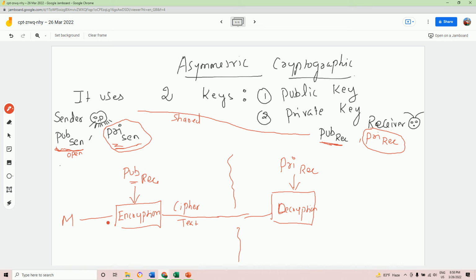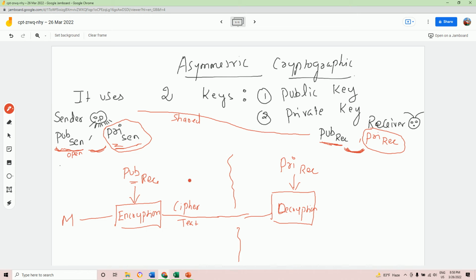So please understand, the message is encrypted using the public key of the receiver. So when it goes to the receiver side, it should be decrypted using the private key of the receiver. Please understand, the keys should be matching. These two keys have a relationship, they are matching keys.